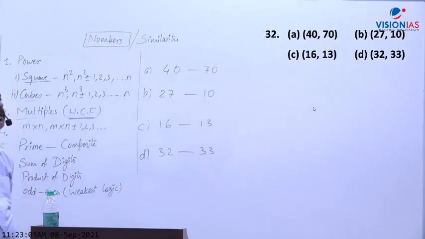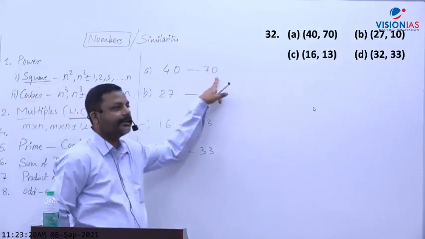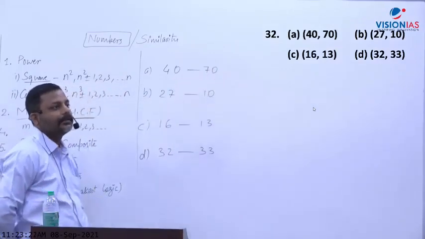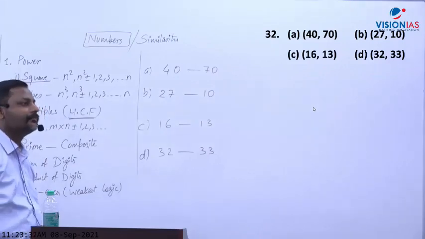The difference is a multiple of 3 in others. Okay, so the difference of the first and the second is negative. Here also the difference of the first and second is negative, beta. Prashant, you cannot apply this. In the first option also the difference of the first and second digit is negative.